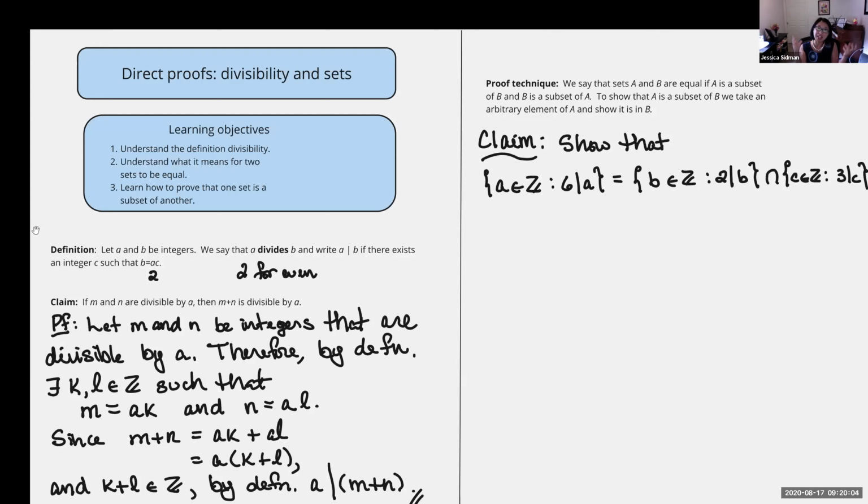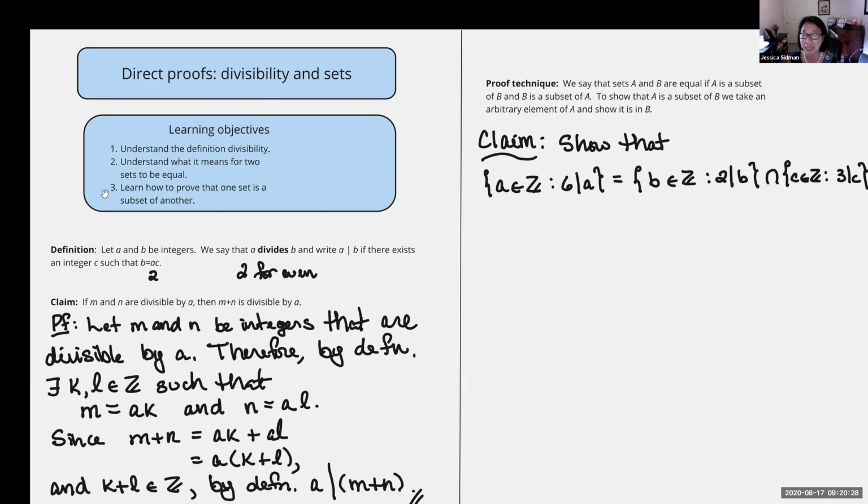In general, what you do is you take an arbitrary element of the one set and show that it's in the other. What does that mean? Let's do an example. I've set up this example for you. I want to show that these two sets are equal. One of them is the set of all integers that are divisible by 6.